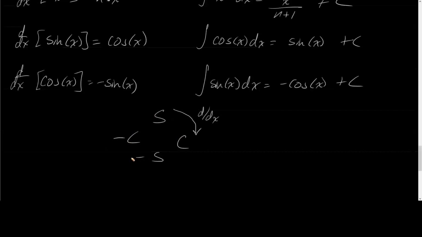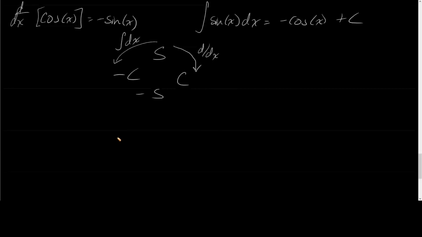So going this way is derivatives. Going the other way, going counterclockwise, that's antiderivatives. So the antiderivative of sine is negative cosine, the antiderivative of negative cosine is negative sine, the antiderivative of negative sine is cosine, the antiderivative of cosine is sine. All right, so this is a good little chart to keep in mind whenever you're working with sine and cosine in order to remember that pattern.